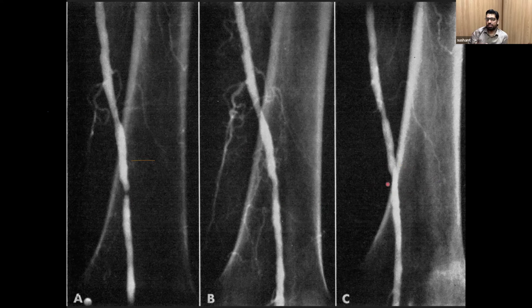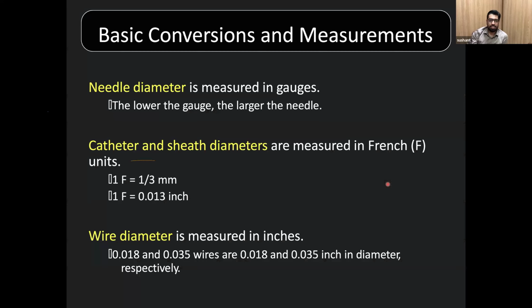So vascular interventional radiology got its birth from this accidental procedure of the iliac case, and then an intentional case of an SFA angioplasty. And since then, many advancements have been made.